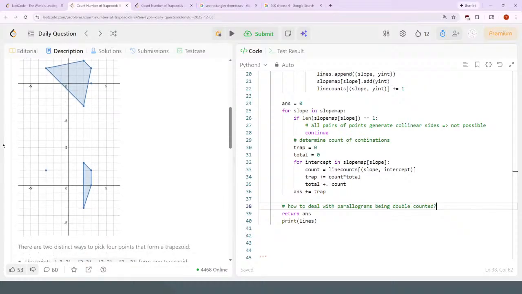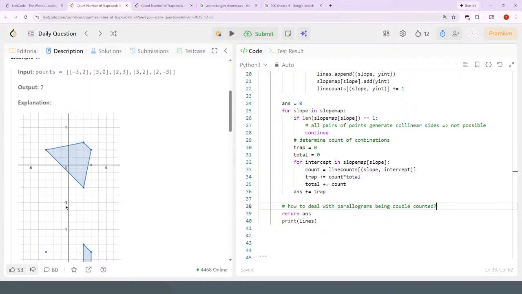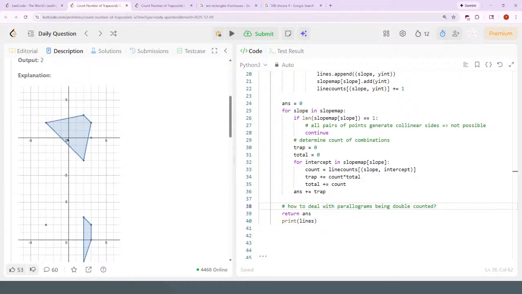Should add some spacer between these two to highlight the fact that it's not some sort of one extended vertical line. 5 points. 1, 2, 3, 1, 2, 3, 4.